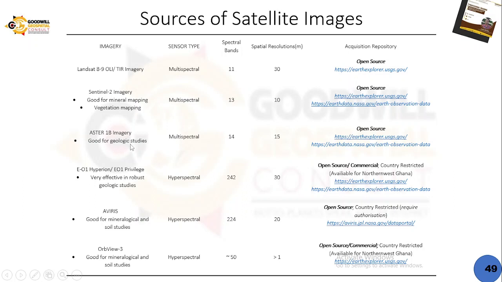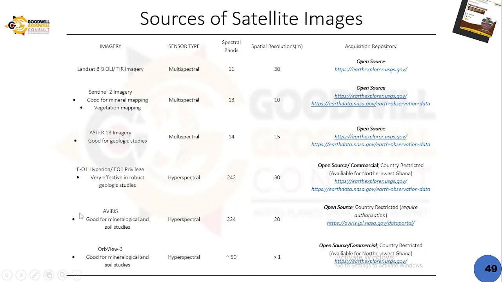ASTER 1B is good for geological studies. For multispectral, it has 14 bands with spatial resolution of 15. This is the source you can get them from. Then EO-1 Hyperion or EO-1 Hyperspectral, they are hyperspectral, so you have to pay to get them. And in Ghana here, it's available for only the northwestern portion.